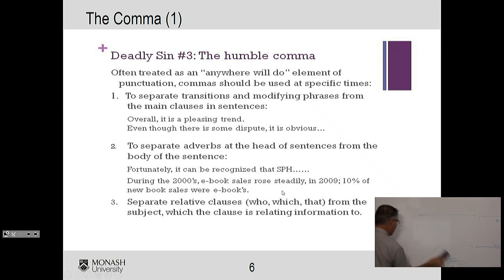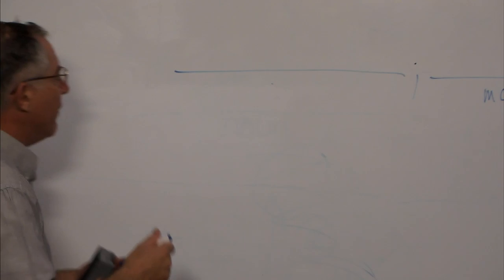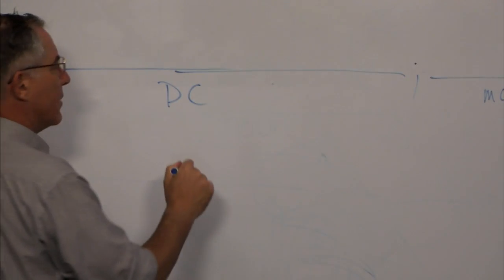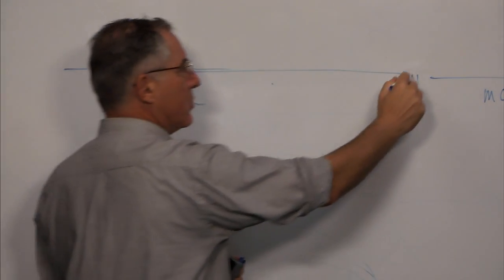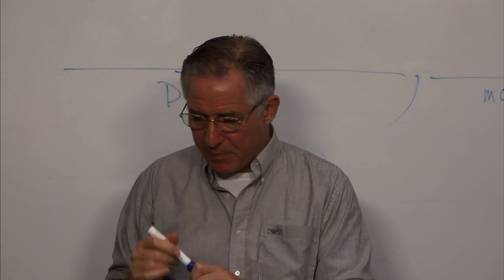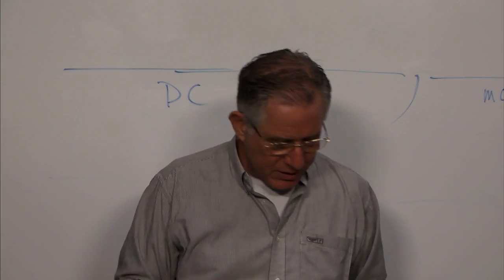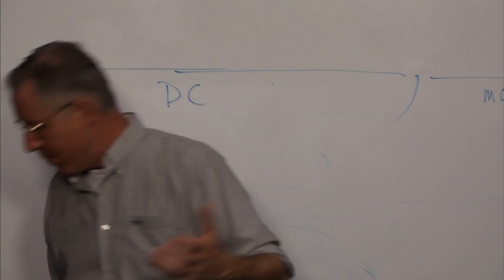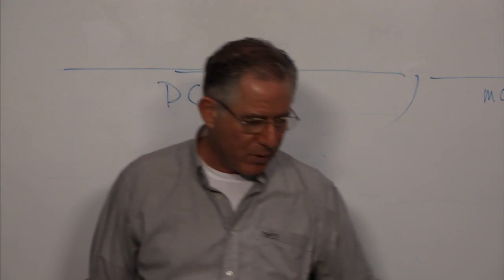If you start a sentence with a dependent clause, followed by your main clause, it's dependent clause, comma. All right, so those logical elements being separated by commas. As you can see in the examples here, overall, comma, even though there is some dispute, comma, that's what I'm looking for.